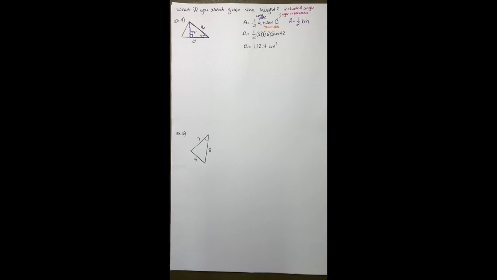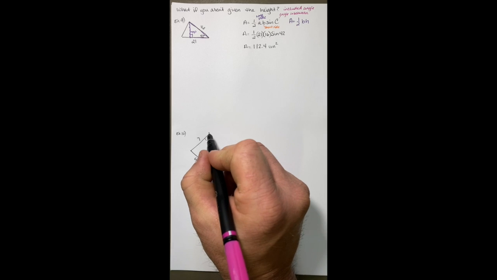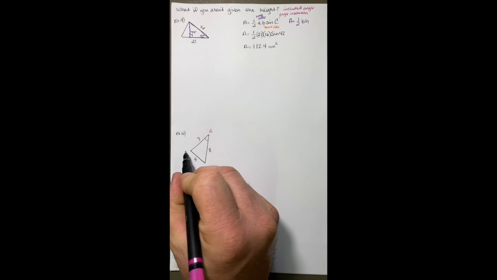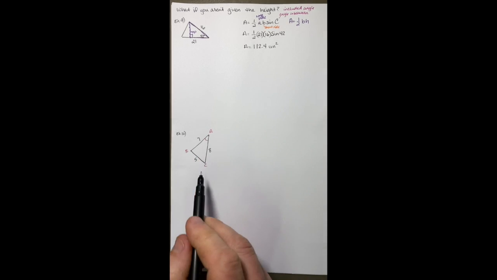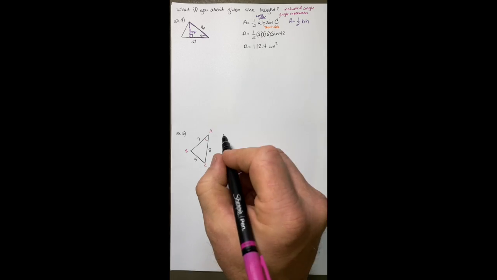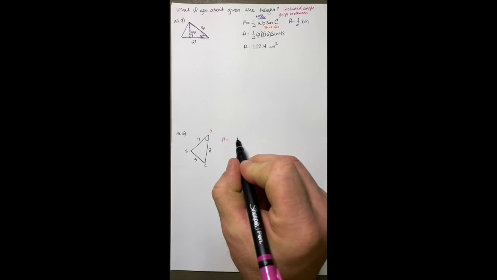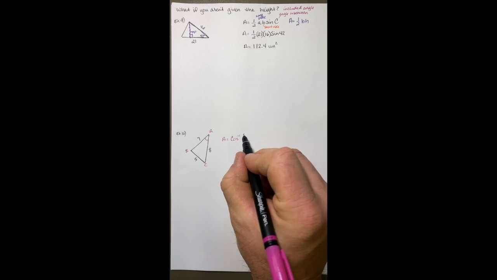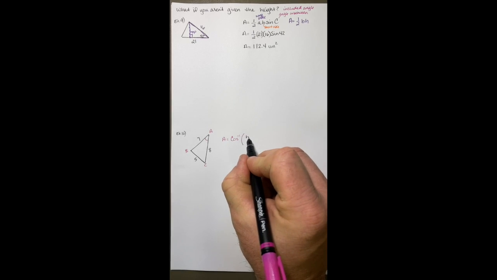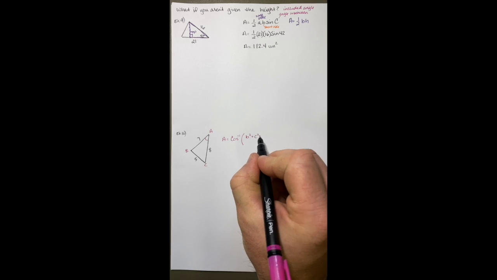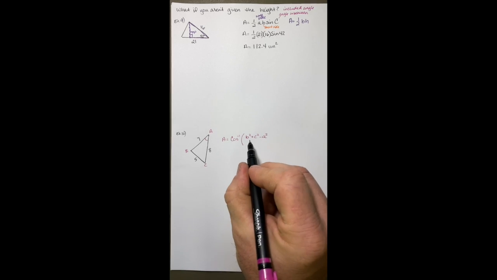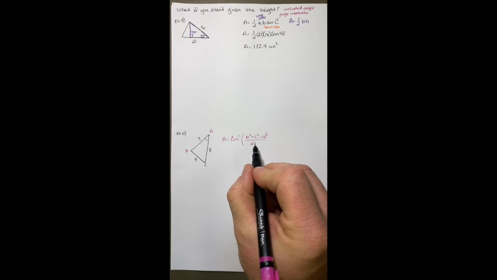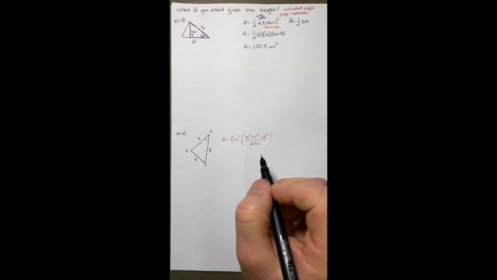And that means that this would be my A, this would be my B and C, or B and C, it doesn't really matter. And if you guys remember, A equals cosine -1 or inverse cosine of B squared plus C squared minus A squared all over 2BC.